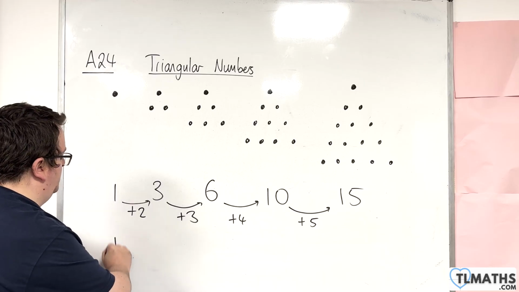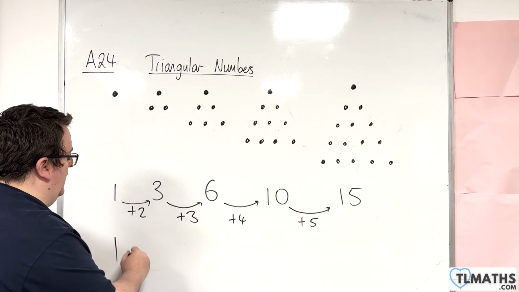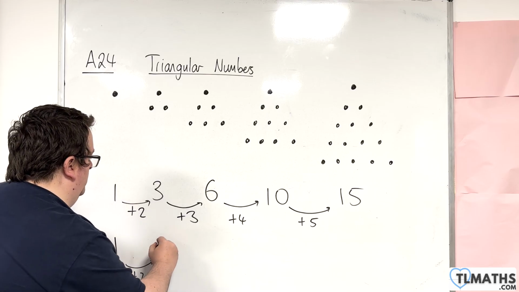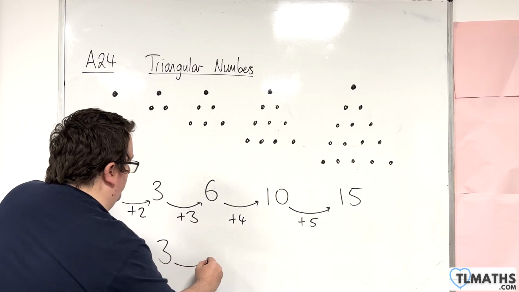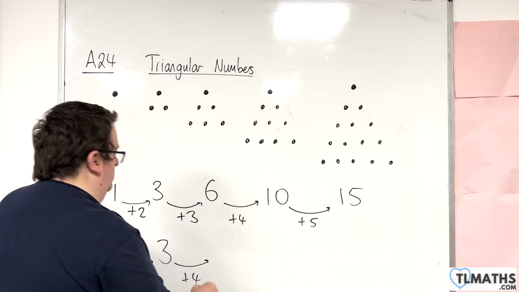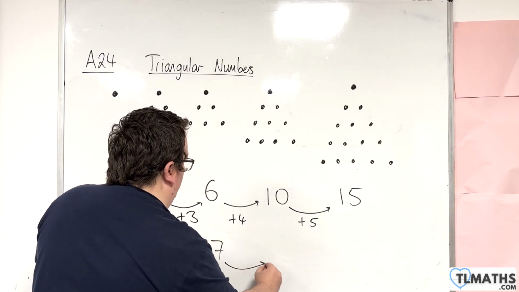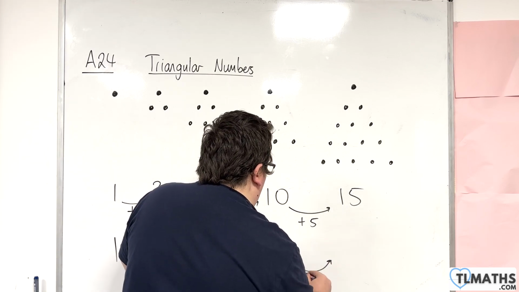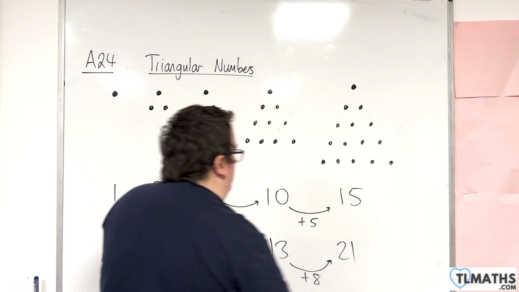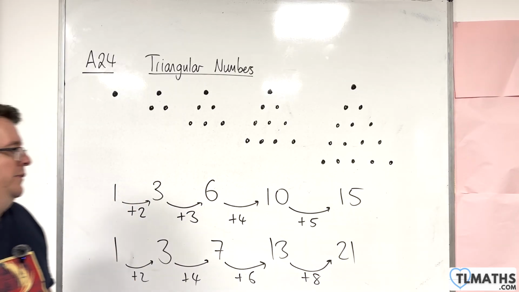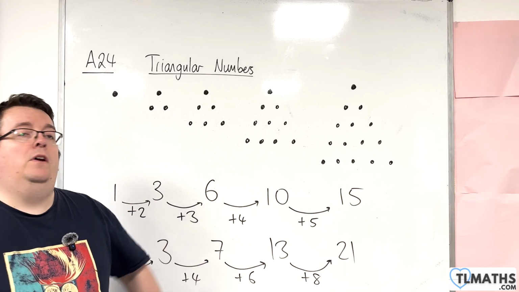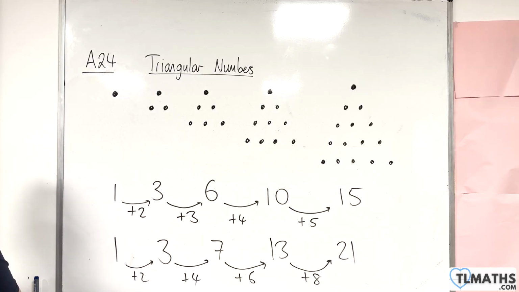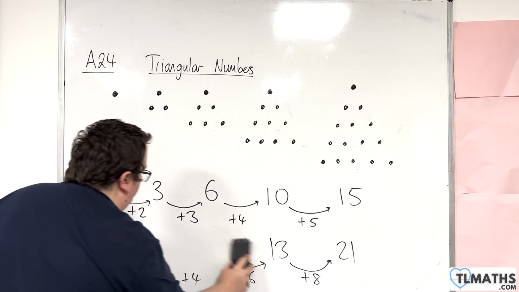So you could have something like starting with 1, and then we add 2 to get the next term, so to get 3, but then we add 4. So to get 7, and then we're going to add 6 to get 13. And then we could add 8 to get 21. So you could have a sequence like this, where it is similar, and you just need to identify really what's going on. So that's one thing.